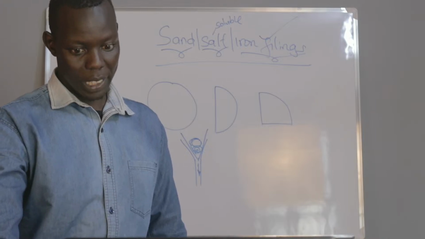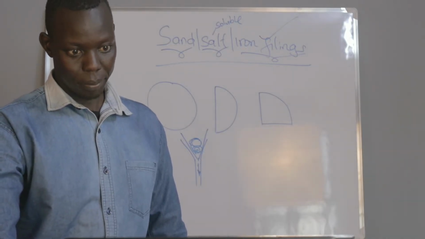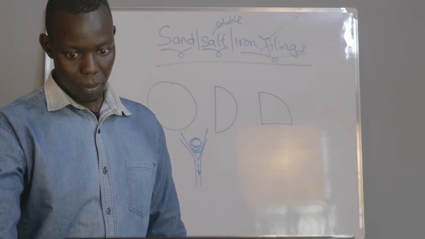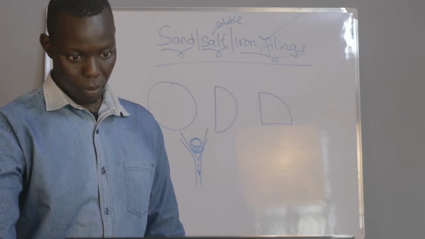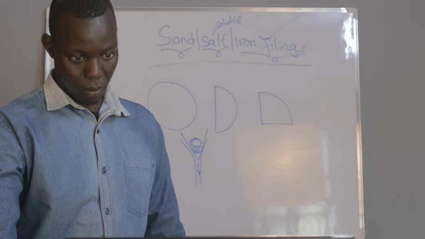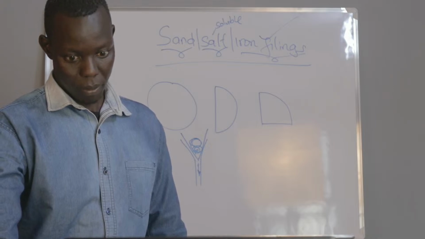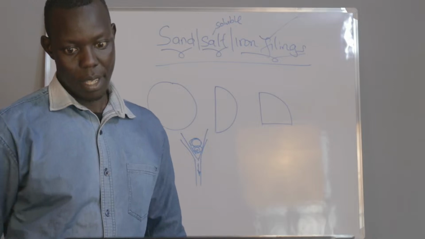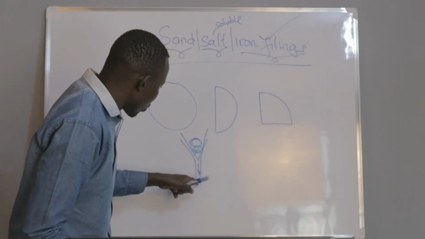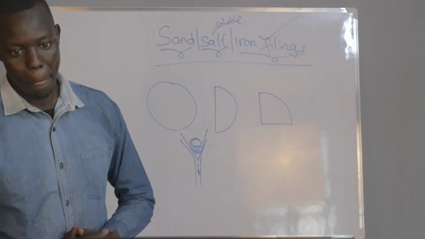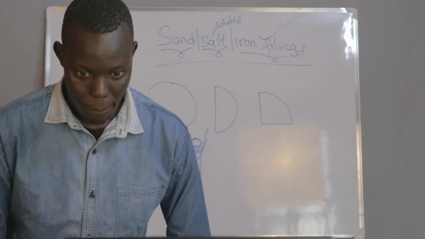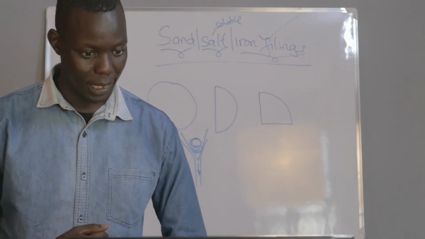So, the one that passed through is called the filtrate. Now, do you remember them, boys and girls?